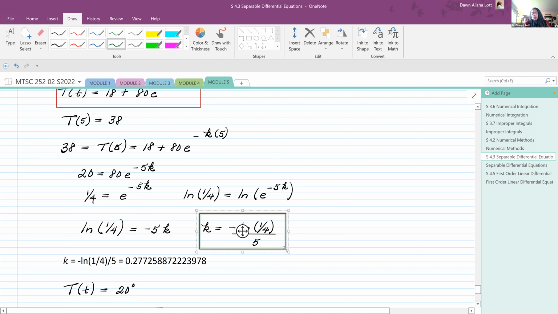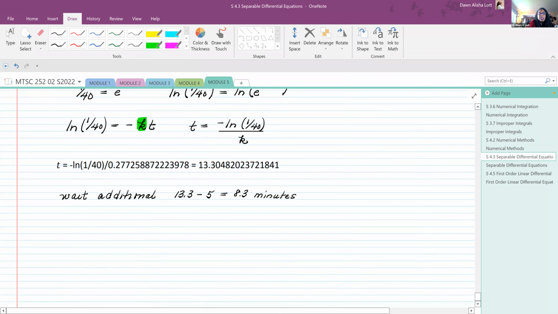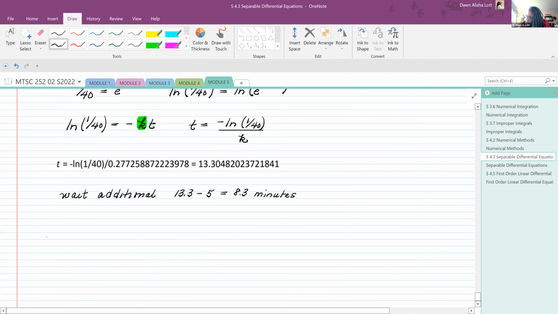So now that you know k and you carry k through, when we get down to the end, on an exam, you would have t is equal to negative natural log of 1/40 divided by k, where k is equal to the negative natural log of 1/4 divided by 5.